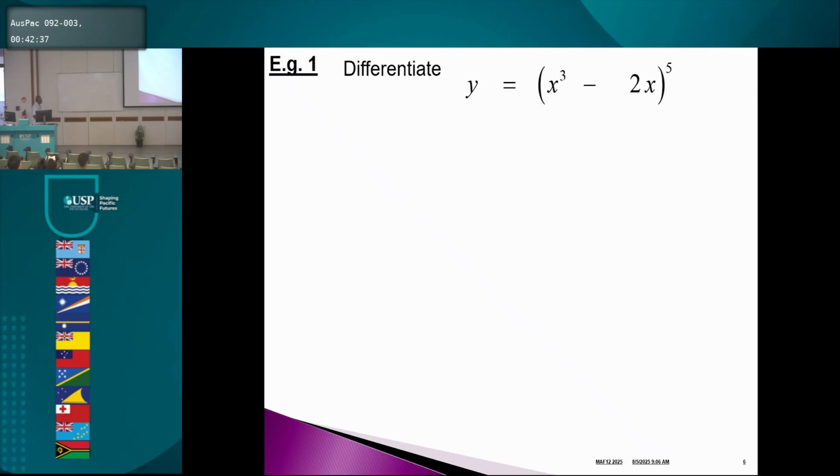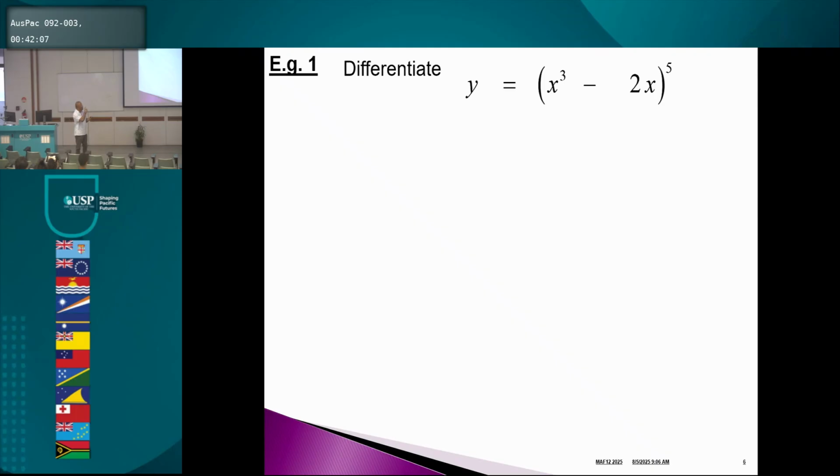Y equals x cubed minus 2x, everything to the power of 5. What's my inner function here? x cubed minus 2x. Yes, outer function? To the power of 5. Now, the chain rule says you differentiate the outer first. So what's the derivative of x to the power of 5? 5x to the power 4.